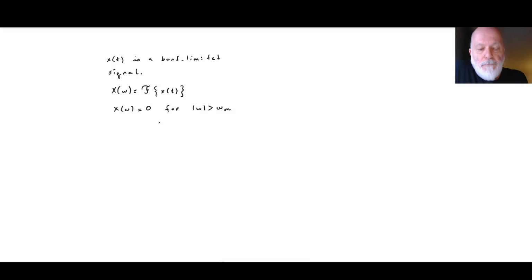So if we show this in terms of a symbolic plot of magnitude of X of omega, because X of omega is in general complex valued, so here we just draw the magnitude of X of omega, so it will be only non-zero in the interval from minus omega m to omega m, and it will be 0 outside this interval. Okay.